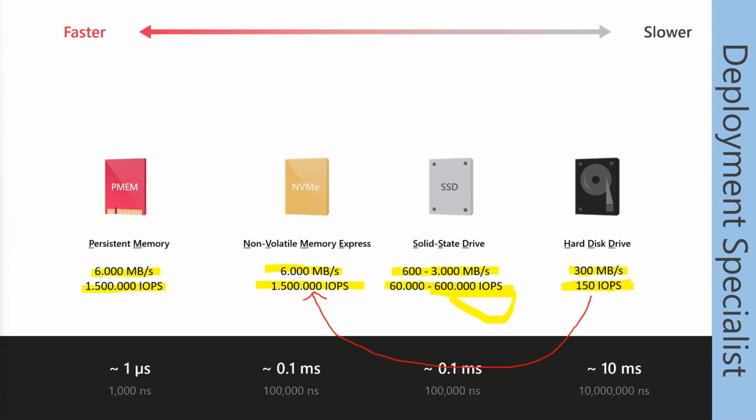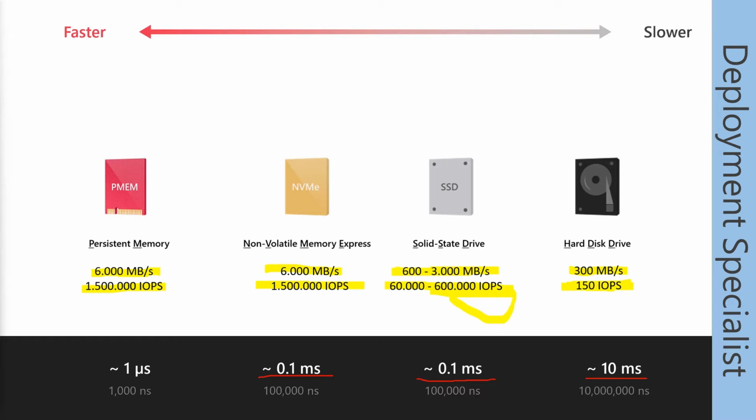For sure, the latency is the highest with the hard disk drives. So it takes time until the hard disk drive spins up before the read-write heads find the position. So we have about 10 milliseconds latency. For a solid state drive and for an NVMe, we have 0.1 milliseconds.